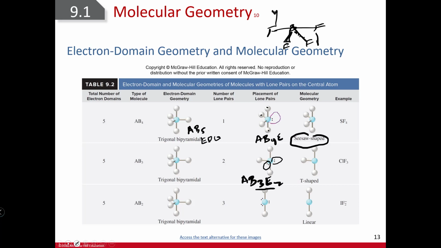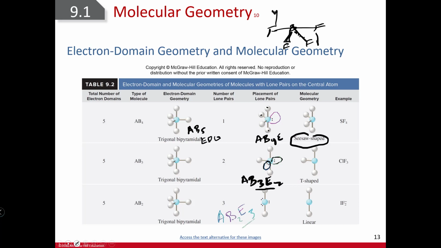Then we go to AB3E2. Notice both of the lone pairs are in the equatorial position. And then the last one we have here is AB2E3. Still 5 things coming off the central atom.